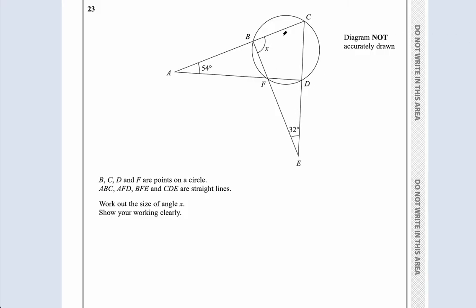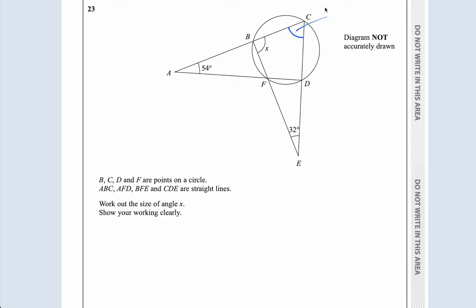Right, so I have two big triangles, this one and this one. The first thing I'm going to do is write in any angle I can figure out.